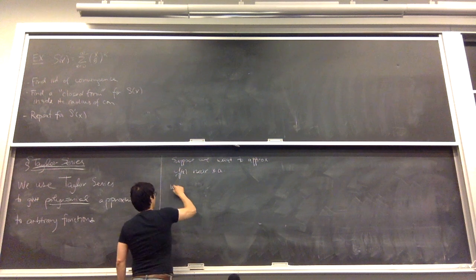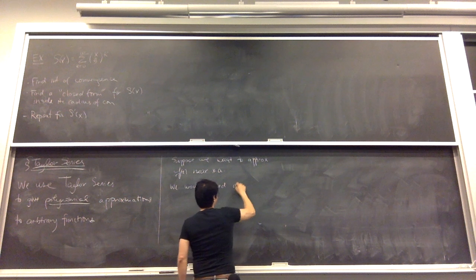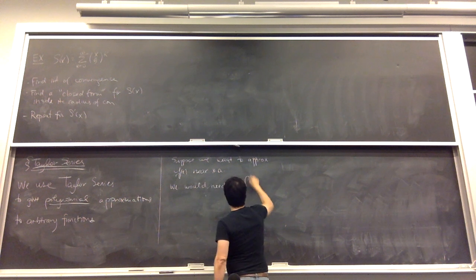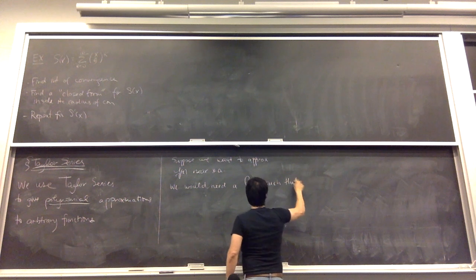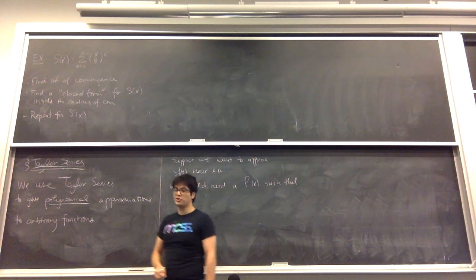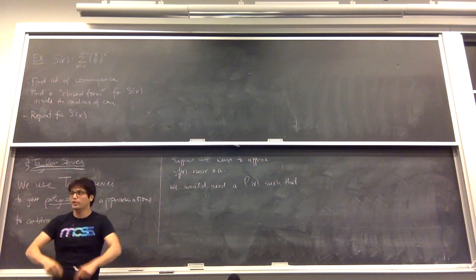We would need a power series. We're going to call it P of x, such that, okay? So what should our approximation do? Well, the first thing I said was that all of these functions look like lines when we look at them close enough.